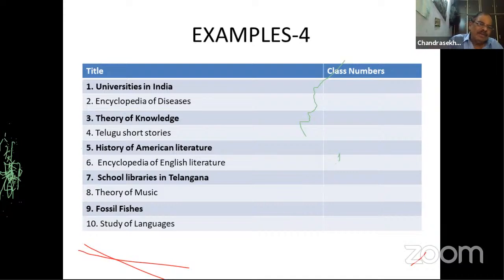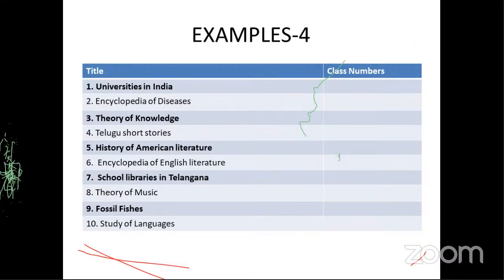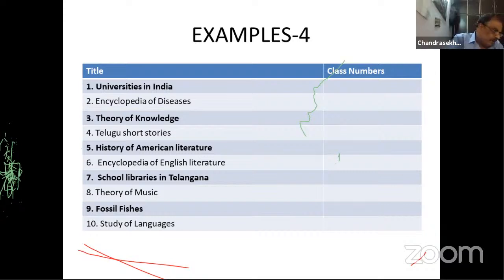Sometimes it appears in small print. So what you have to do is see under the index whether it is given or not. Fossil: fossil animals is 560, fossil vertebrates is 566.